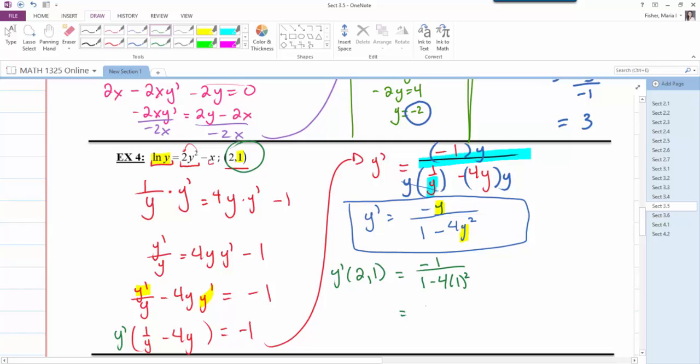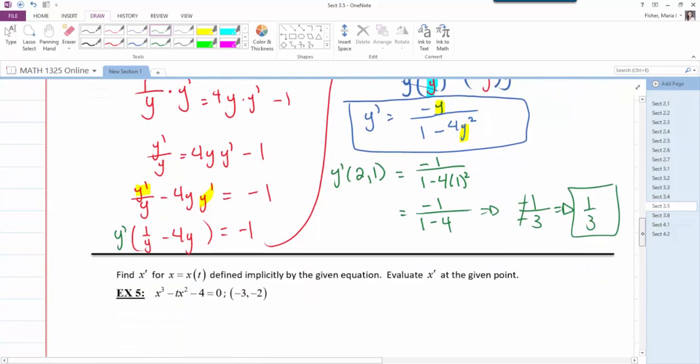So we have negative 1 over 1 minus, well, 4 times 1 squared, well, 1 squared is 1, and 4 times 1 is 4. So we're looking at negative 1 over negative 3. Well, my negatives cancel, so I end up with 1/3. So the derivative evaluated at the point 2 comma 1 is equal to 1/3.